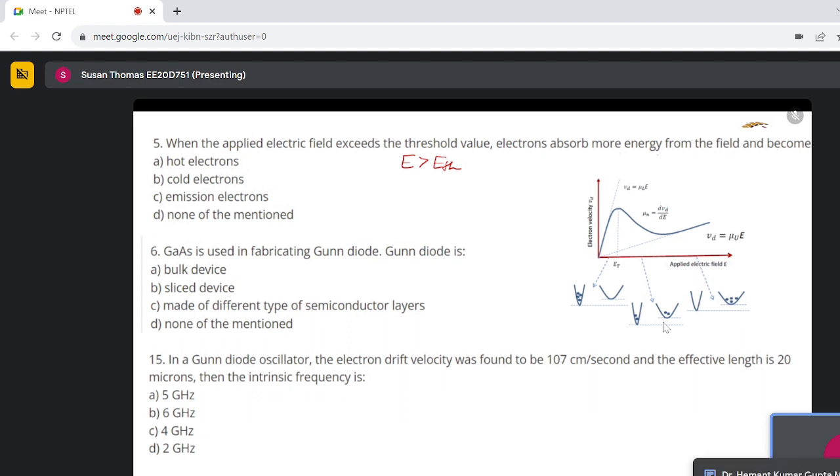So the right option is not emission electrons, it is hot electrons.